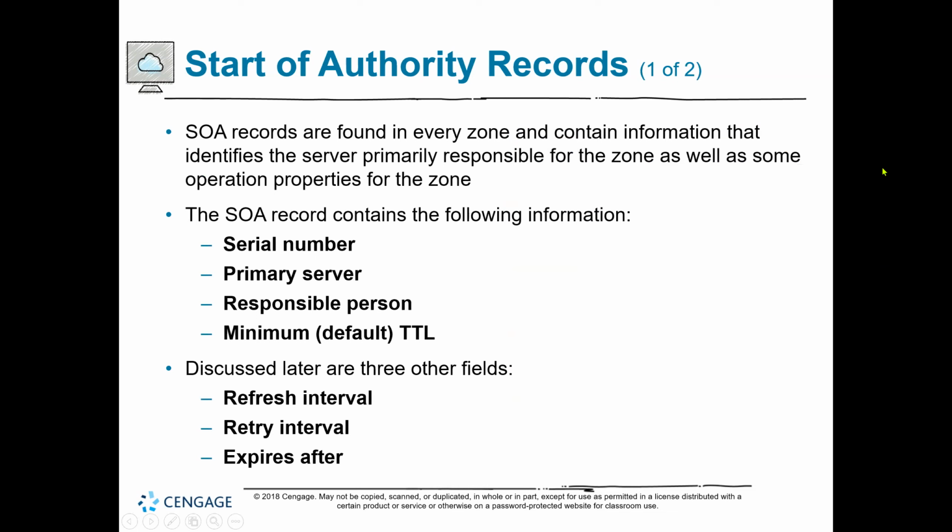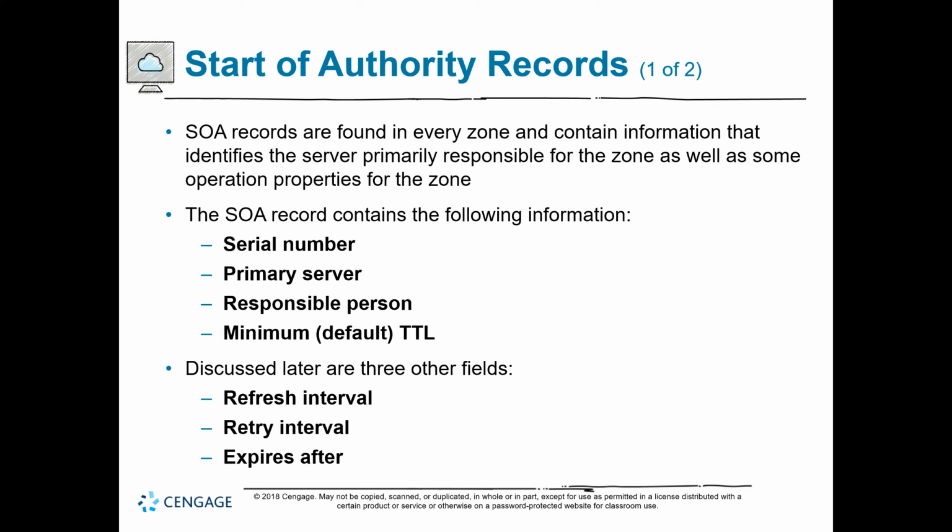Start of Authority records. An SOA record is found in every zone and contains information that identifies the server primarily responsible for the zone, as well as some operational properties for the zone. The SOA record contains the following information: serial number, primary server, responsible person, and minimum default TTL.